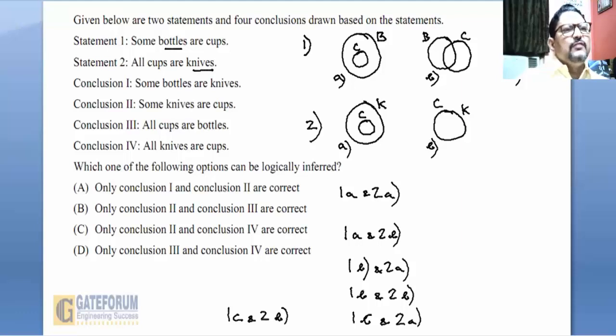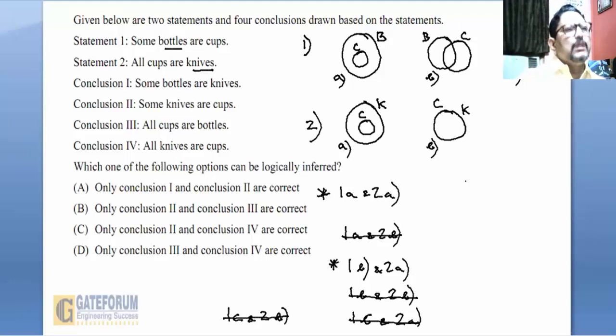So anything involving 1C and 2B, we can very easily cancel out. So 1C and 2B, this we can cancel. See, 2B is there, we can cancel. Here also 2B is there, we can cancel. And here 1C is there, we can cancel. So these two are important. We must see them.